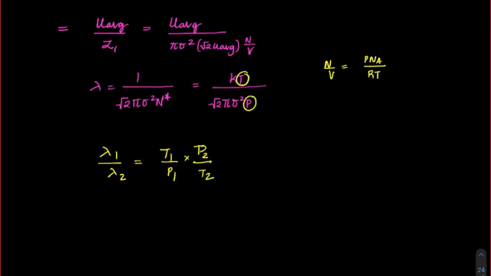So this is the way you can check it out. Sometimes it would be given at same temperature and pressure, with the diameter or radius given. In that case also you can calculate lambda 1 and lambda 2. I hope you understood that, guys.